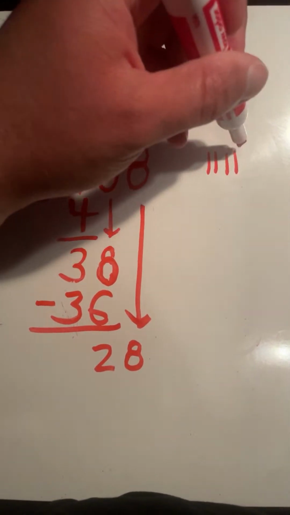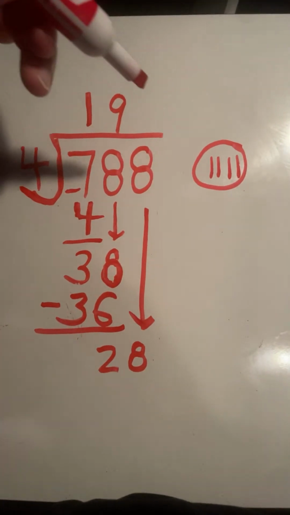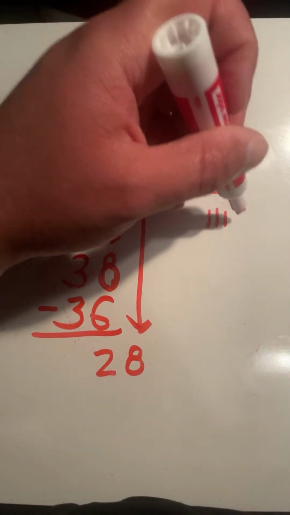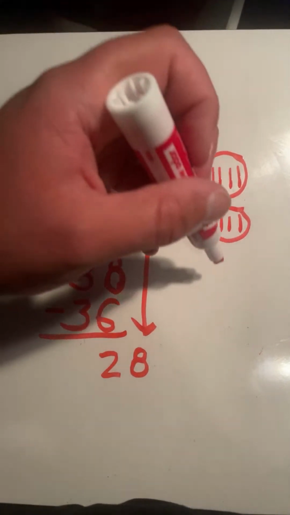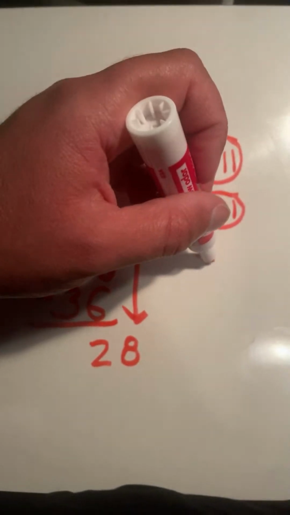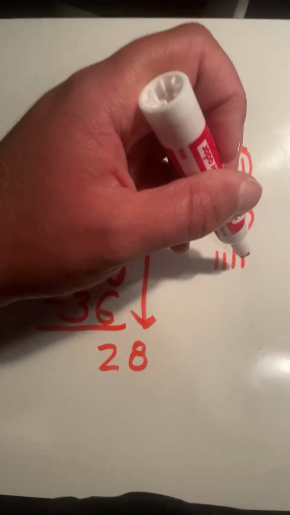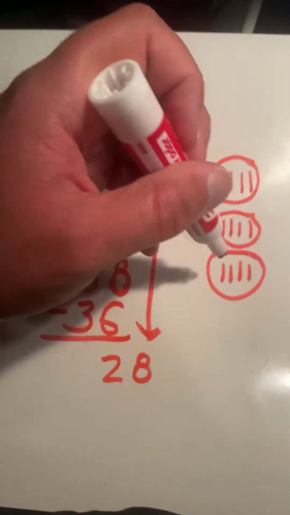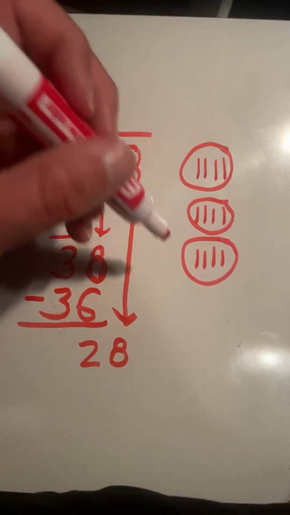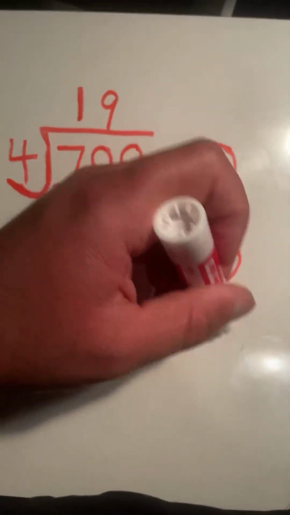1, 2, 3, 4. That's one group of 4. 5, 6, 7, 8. Two groups of 4. 9, 10, 11, 12. Three groups. 13, 14, 15, 16.